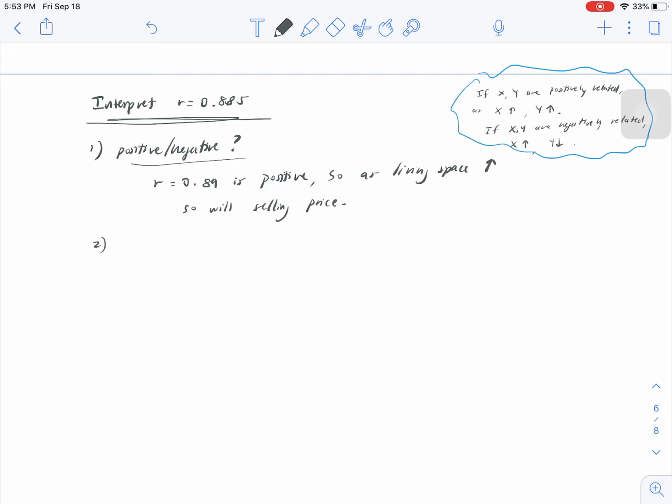So I've determined that it's positive and I've interpreted what that means. Next, I need to answer, is the linear association strong, moderate, or weak?